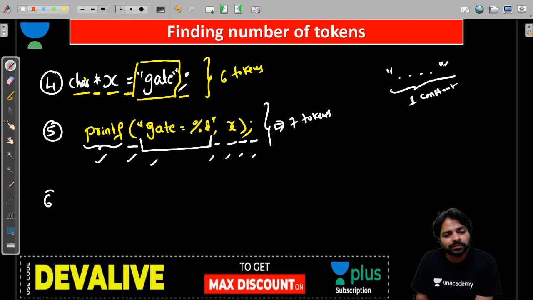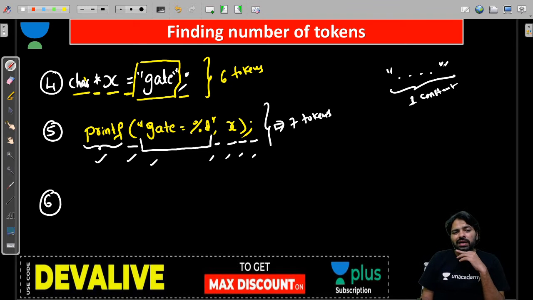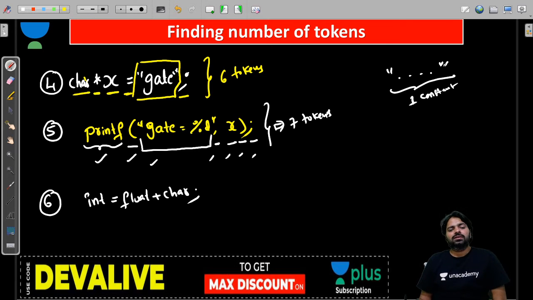And the sixth one, if you have something like that, some people find it very difficult to identify some of the statements, and I will tell you later on that. Which error is it? Lexical analyzer has no problem.